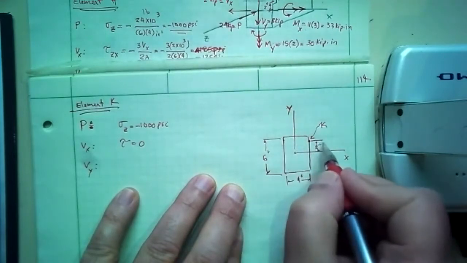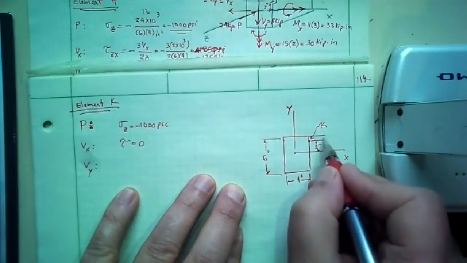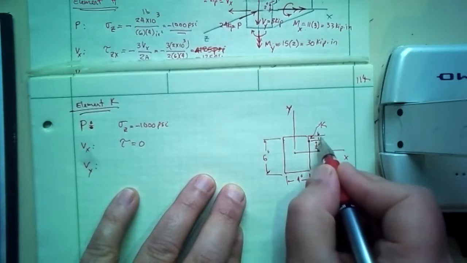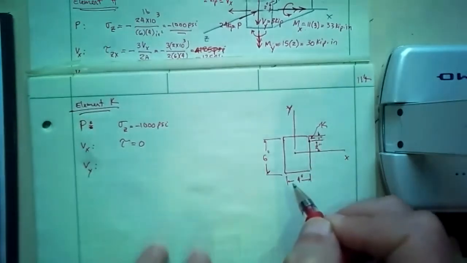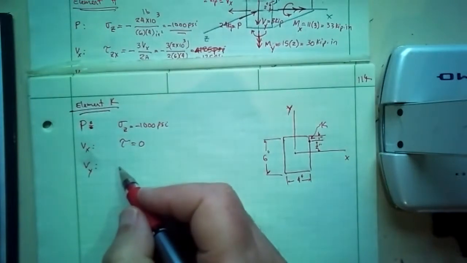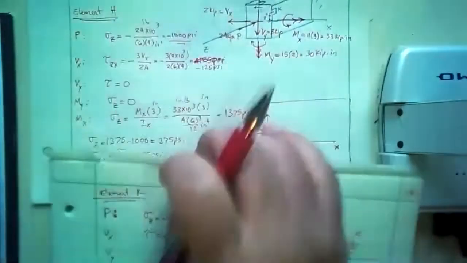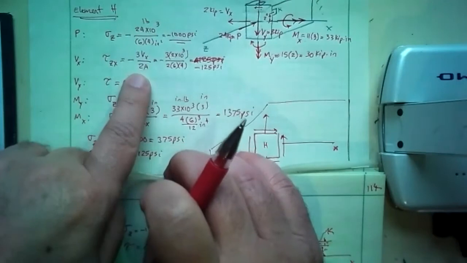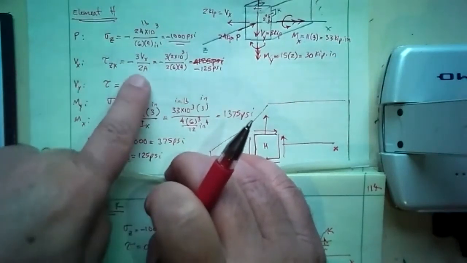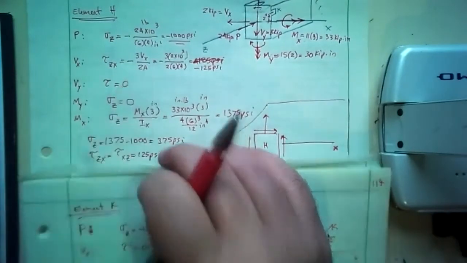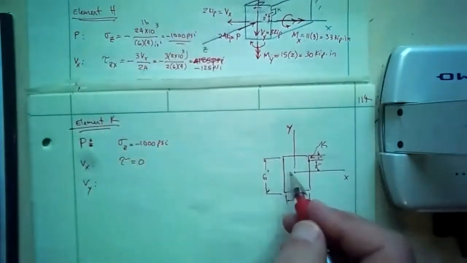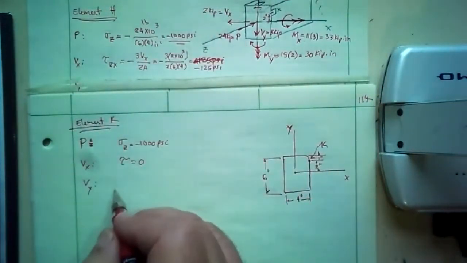And that remainder, obviously, is 1 inch. So I cannot use the equation I did before for element H, what gives me the maximum on the surface, 3V over 2A for rectangular cross section. I cannot use that equation.